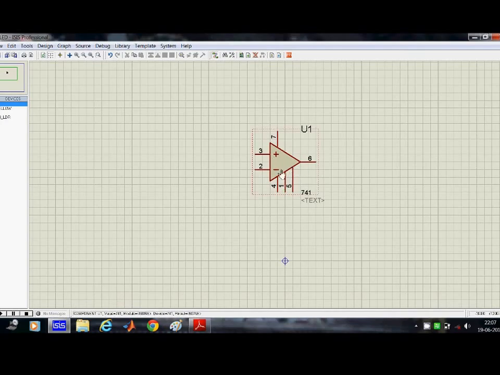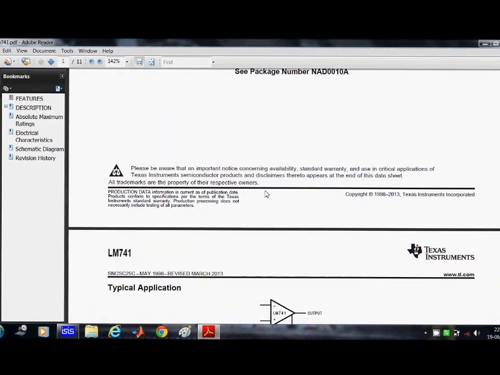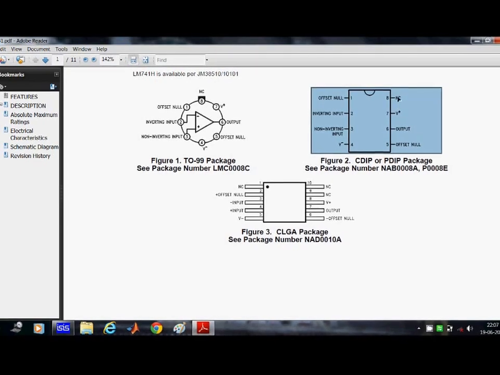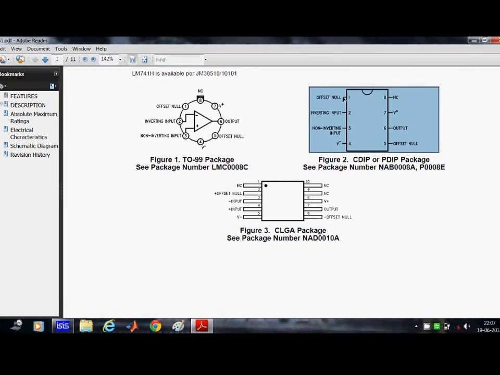So this is IC741. The data sheet is this, with these pin connection diagrams. We are using a dual inline package, so the pin connection is something like this. We will not care about pin number 8, pin number 1, pin number 5. We will only consider 7, 6, 4, 3 and 2. The 7th pin is the positive supply and the 4th pin is the negative supply.